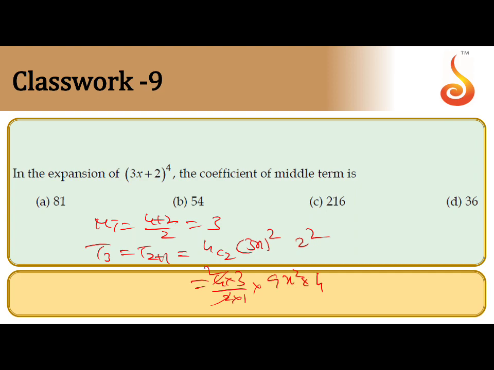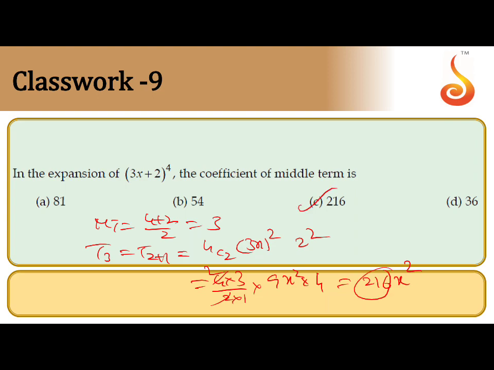The 2 ones and 2 twos cancel. So the answer is 6 into 4, 24, into 9 is 216 x square. The coefficient of the middle term is 216 only.